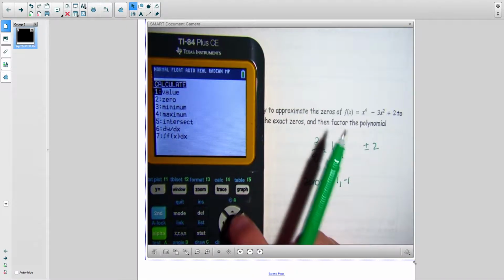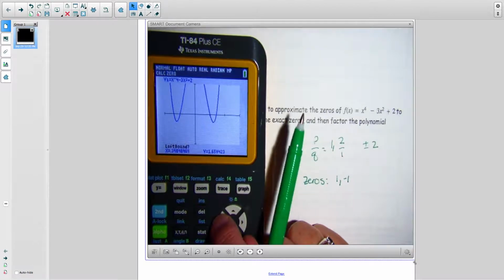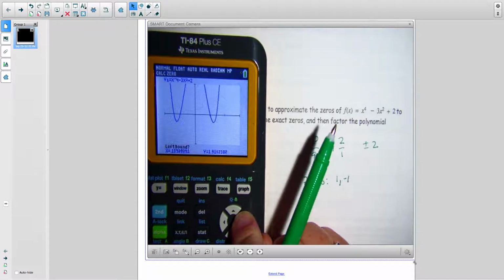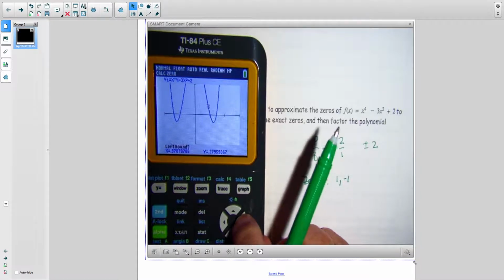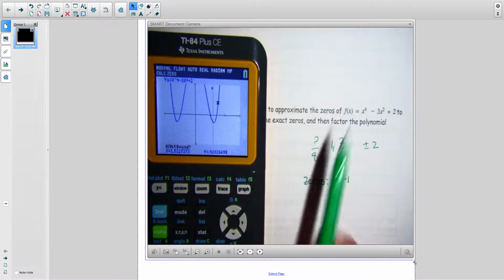Now we're going to calculate zero. There's left bound. There's right bound.